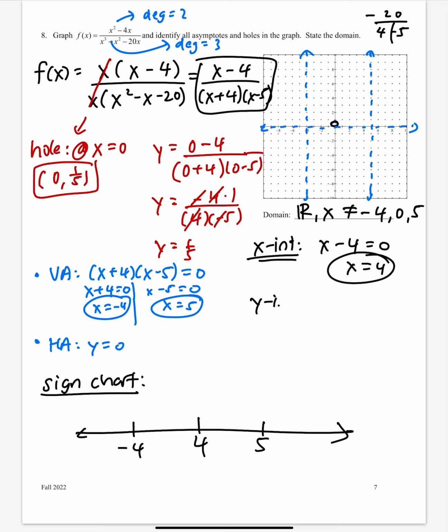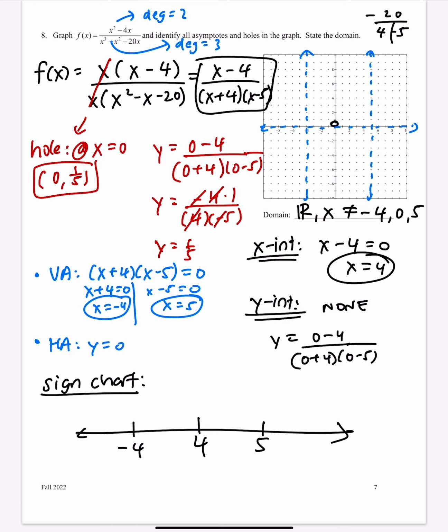The y-intercept, well, first of all, there's none, because notice that there's a hole at 0. But if you really want to work it out, notice that y is equal to 0 minus 4 over 0 plus 4 times 0 minus 5. The thing is, if you plug in 0 in the simplified version, you get an actual number.